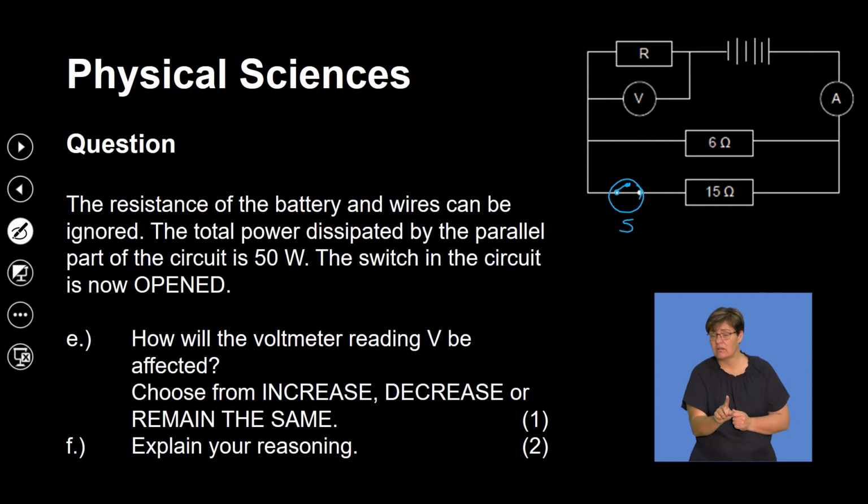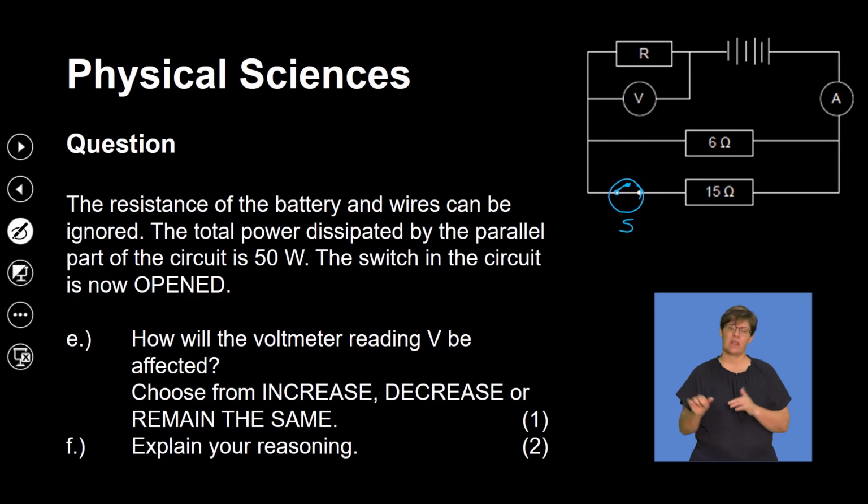It will mean that there will be no current flowing through the 15 ohm resistor. So the only resistance that we have left now is the 6 ohm and R. So we have two resistors connected in series. All the current passes through R and all the current passes through the 6 ohms.